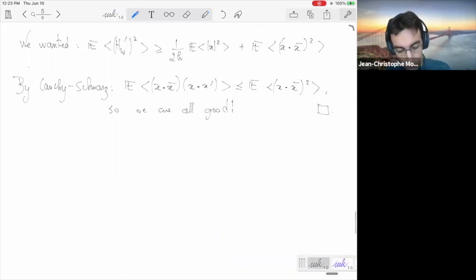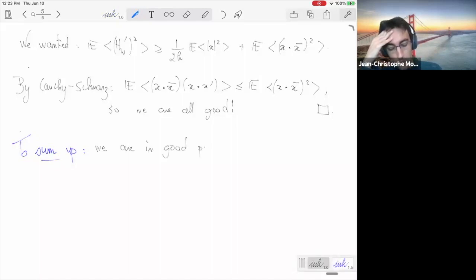All right, so to sum up, we seem to be in good position to use the same strategy as before and apply our convex selection principle to conclude for the identification of the limit for energy.